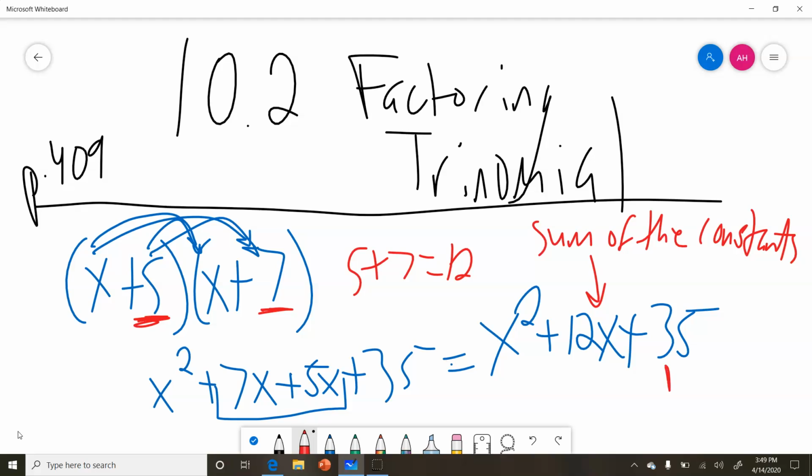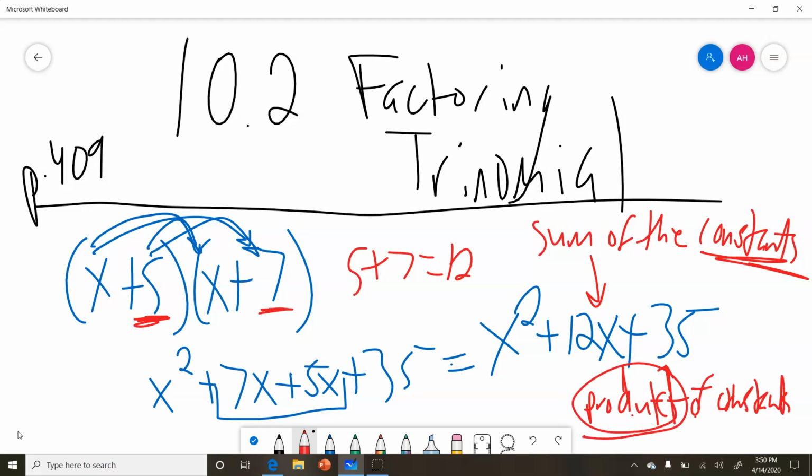Then this down here, 35, that is the product of constants. I'm sorry, you can't read that, but it's the same as this, constants. And this time it's the product, right? See this, 5 and 7, 5 times 7 equals 35.